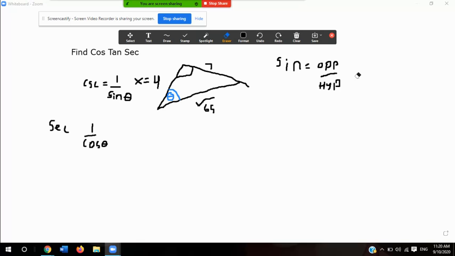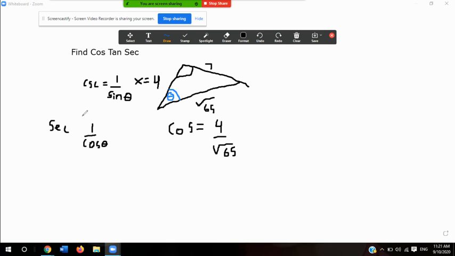The secant is 1 over the cosine. Now, let me write down again what we found out: the cosine was 4 over the square root of 65. But I want to use the trigonometric identity to find the secant, and the secant is 1 over the cosine.